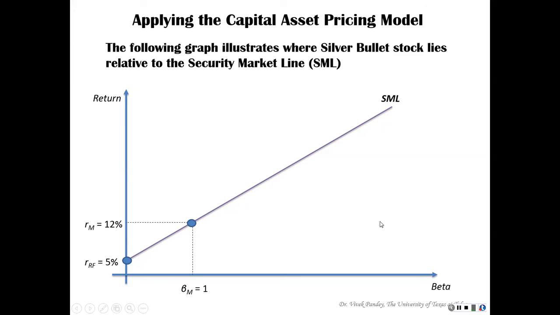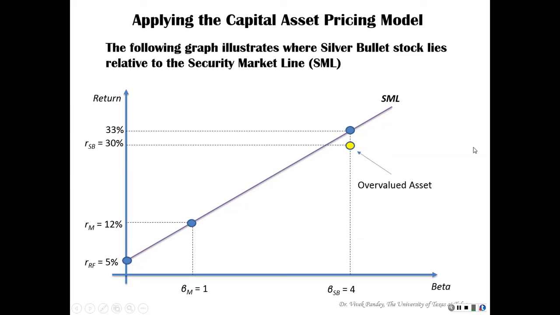And silver bullet stock, it has a beta of 4. So according to CAPM model, it should provide a 33% return. But the return from silver bullet stock is only 30%. So it actually falls below the SML, right? It's not at the security market line.